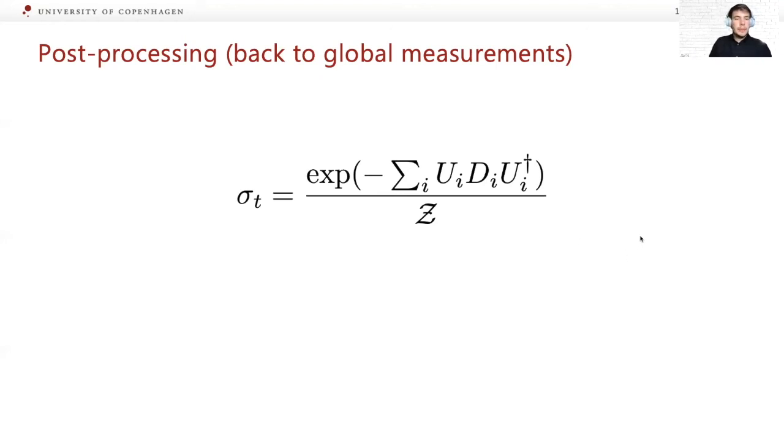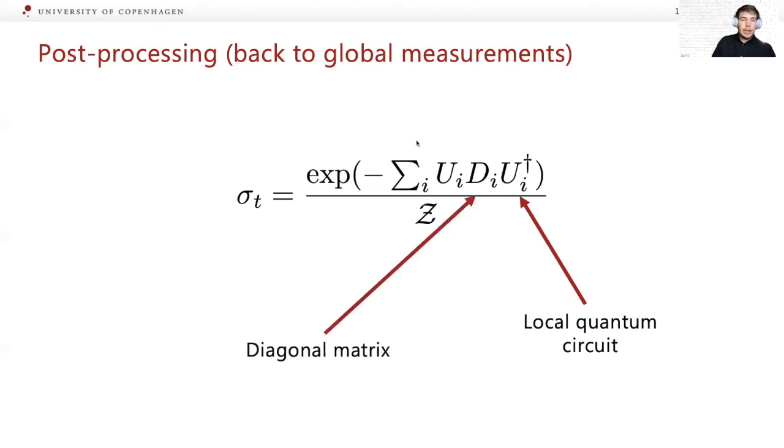All the Gibbs states we iterate over have the following structure. They can be written as a sum of Hermitian matrices which we know how to diagonalize. So they are all of the form U_i D_i U_i dagger, where the U_i are the known local quantum circuits we actually use to implement that measurement setting.